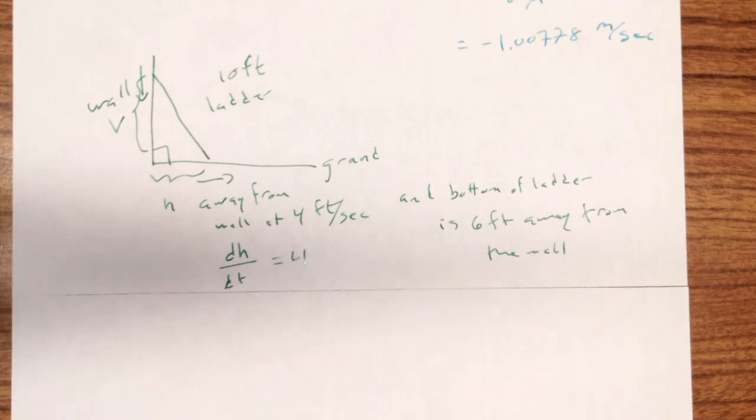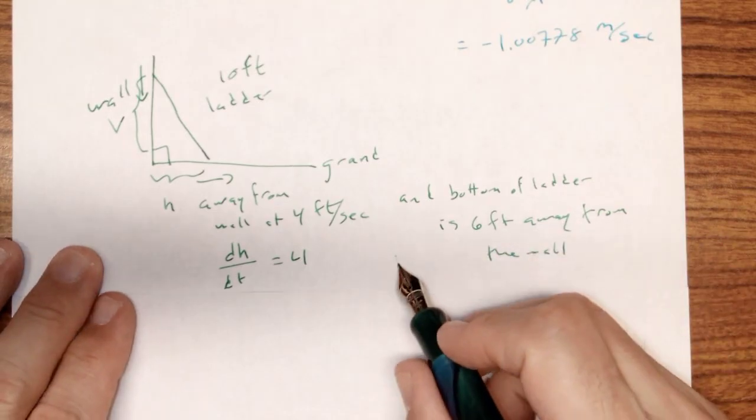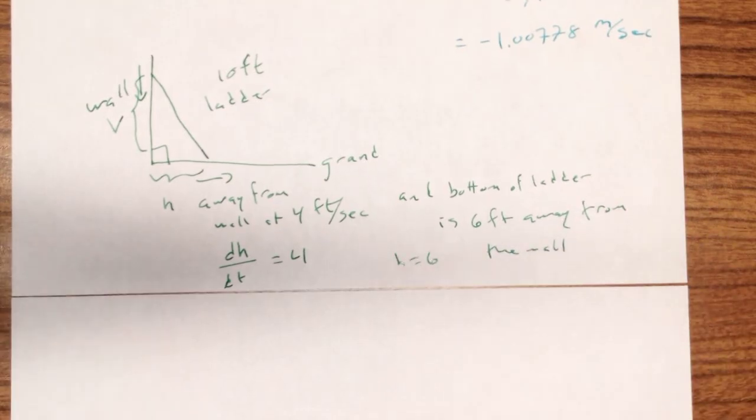And that's getting bigger. I'm going to leave it as positive. What's this 6? The bottom of the ladder is 6 feet away from the wall. That's H. The only other number I know right at the moment is that the ladder is 10 feet.